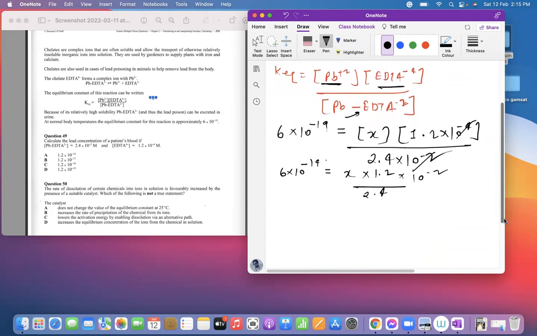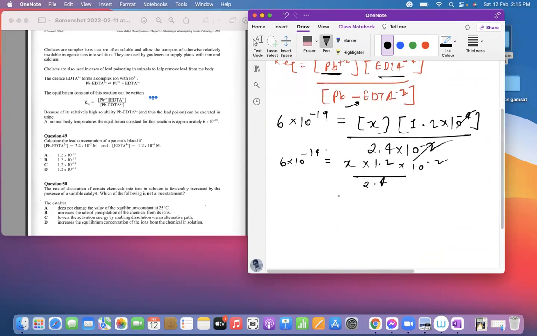Make sense? If you divide 1.2 by 2.4, that is 1/2, and this can be multiplied with the 6. So that will be 12 × 10^-14, which is equal to x × 10^-2. Makes sense?